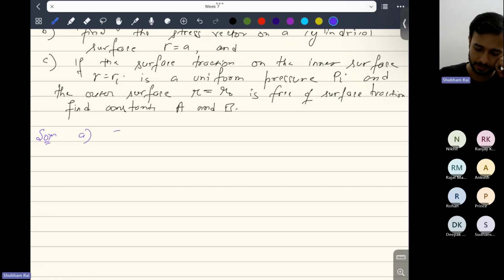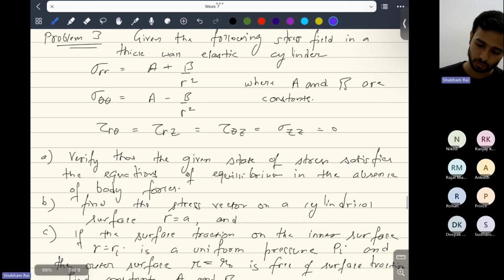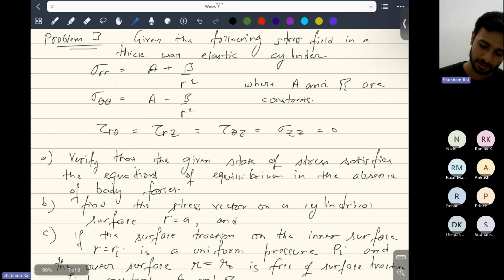Firstly, we know that tau r theta is equal to tau rz is equal to tau z theta is equal to sigma zz. All are zero, right? The only non-zero terms are sigma rr and sigma theta theta. And also sigma rr is only a function of r and sigma theta theta is also only a function of r.